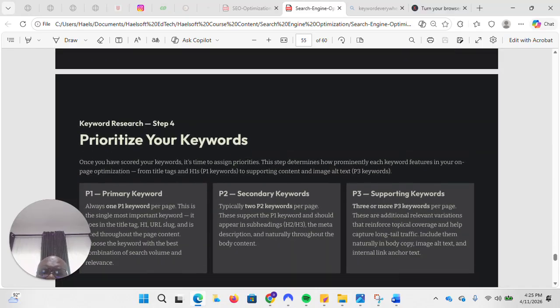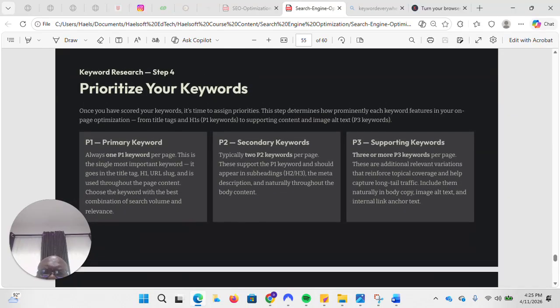And you have to prioritize your keywords. You understand? Once you have scored your keywords, it's time to assign priorities. This step determines how prominently each keyword features in your on-page optimization. We're going to talk about on-page optimization later, but as I've said before, on-page optimization are the things that you do on the website. You understand now?